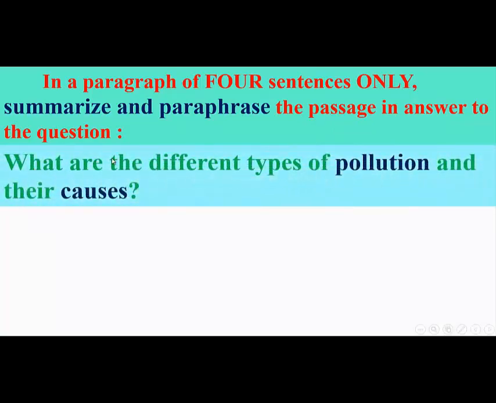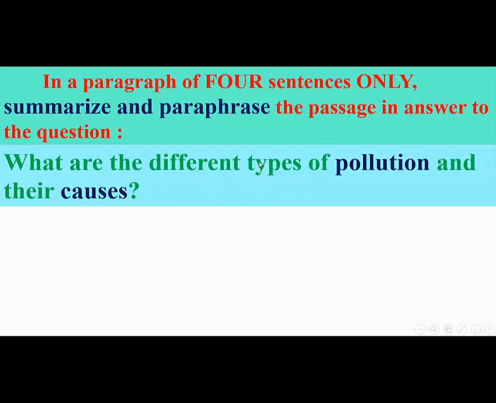For example, what are the different types of pollution and their causes? This question should be answered in a paragraph of 4 sentences, according to the passage and not in general.